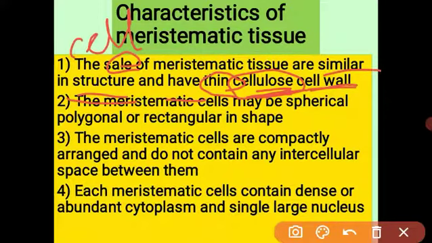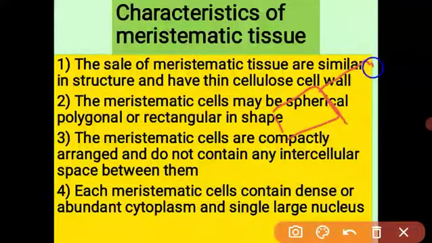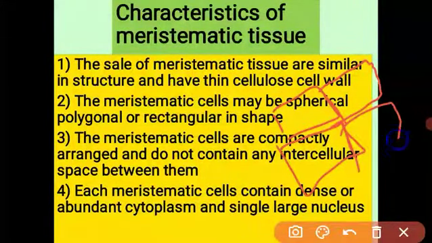Meristematic cells are compactly arranged. They do not have an intercellular space. Means what, student? The cells are compactly attached to each other. There is no intercellular space between the two cells. Got it? See, this is the meristematic tissue.